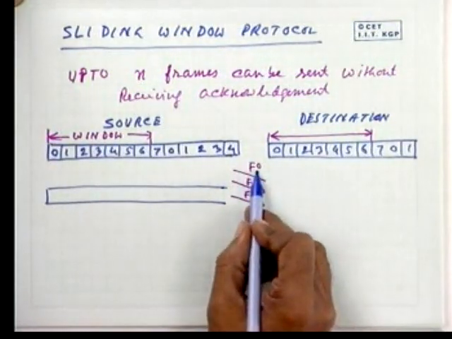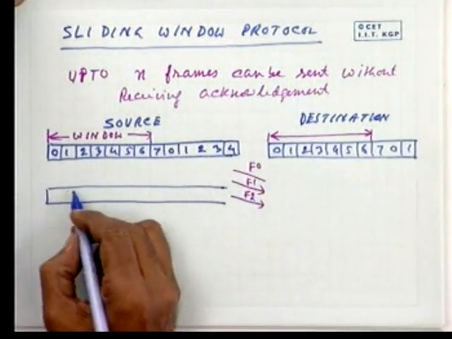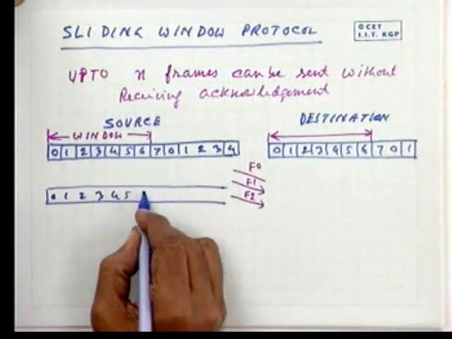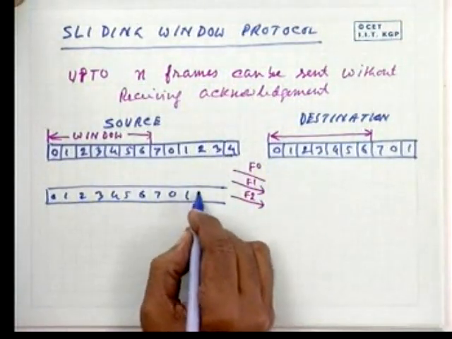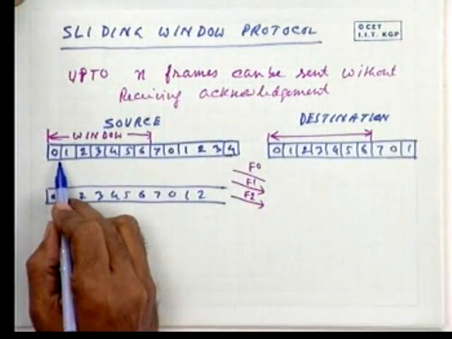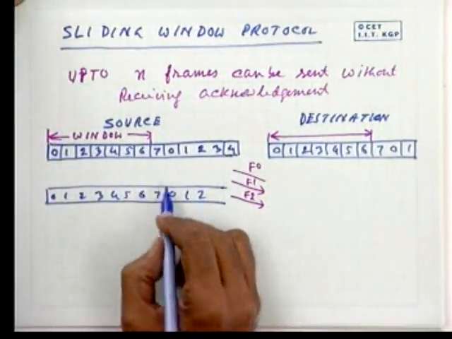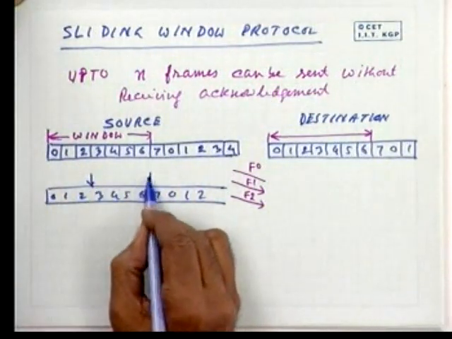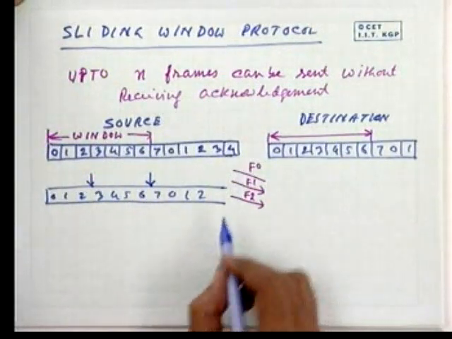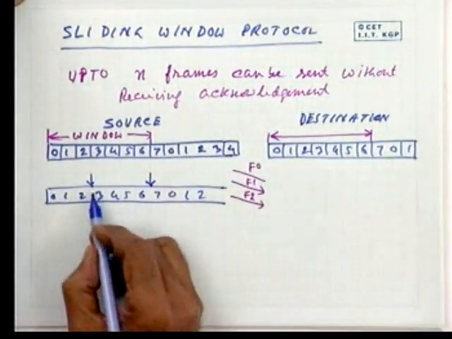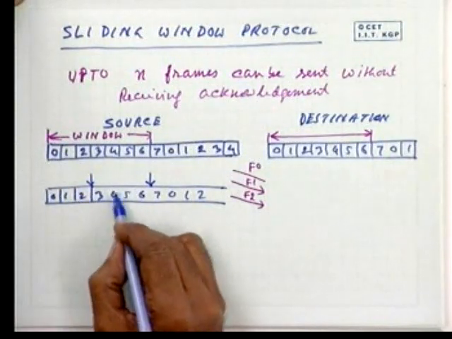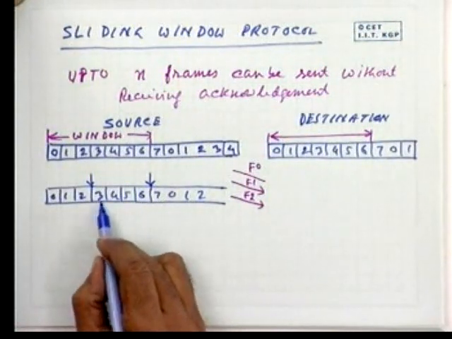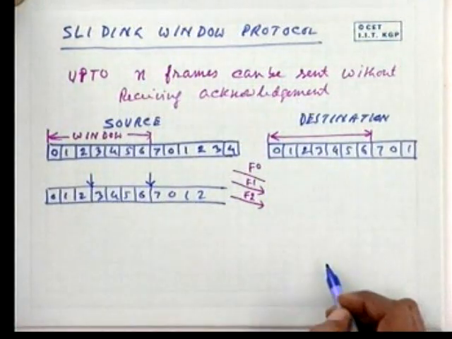After sending F0, F1 and F2, the window size will be shrunk from 7, as it has sent 0, 1, 2. After sending 3 frames, initially it was 7, now it has become 4. It can send 4 more frames, 3, 4, 5 and 6.